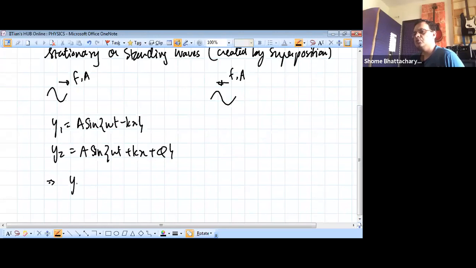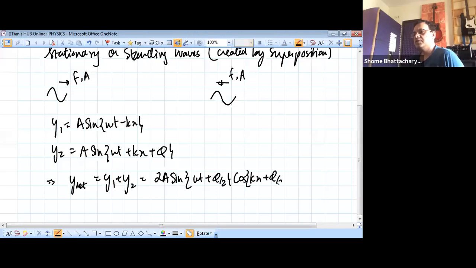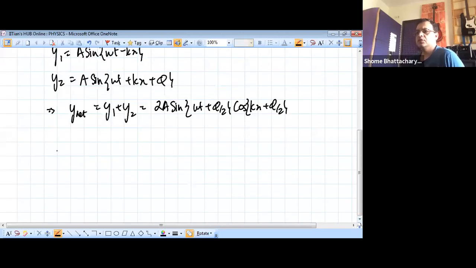Then the resultant superposition y1 + y2 becomes 2a sin(ωt + π/2) cos(kx + π/2). In this particular case, I have taken the phase constant to be π, or the phase difference to be π between these.